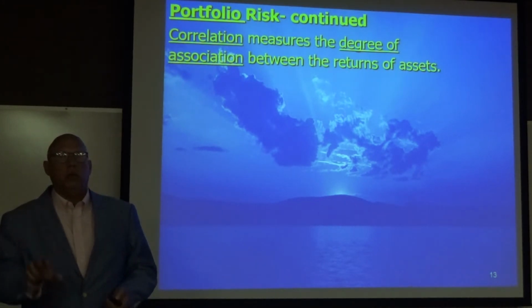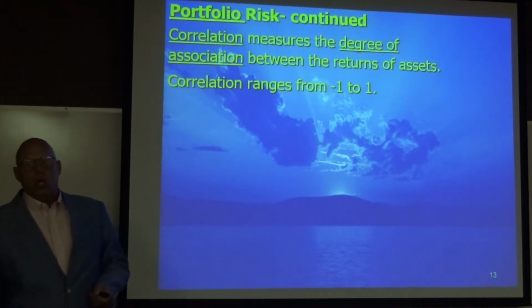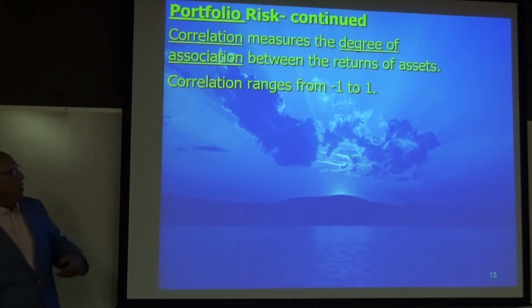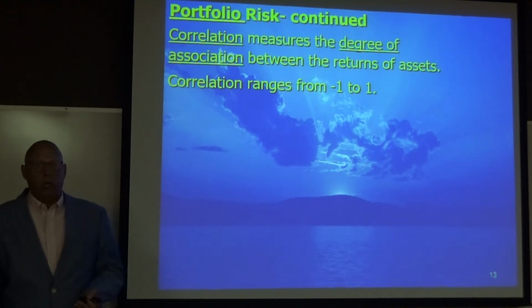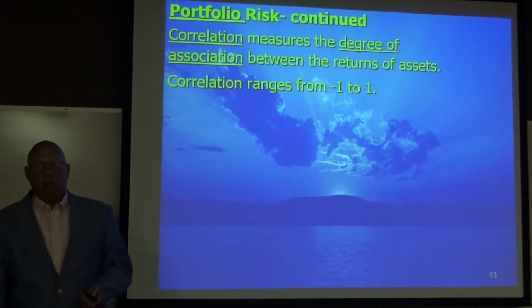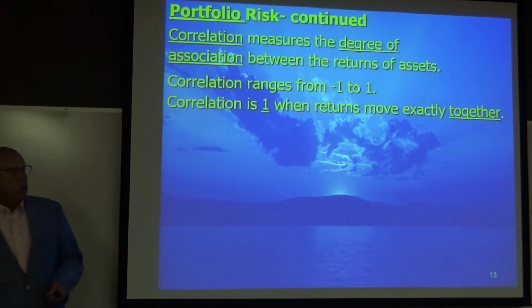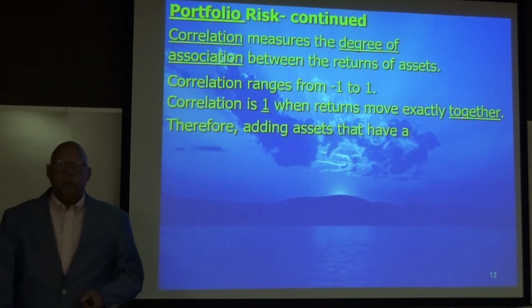How do the returns move? Do they move together? Do they move apart? Correlation ranges from -1, which is perfectly negatively correlated, to +1, which is perfectly positively correlated. So correlation is 1 when returns move exactly together.